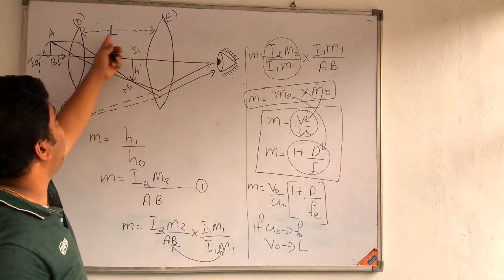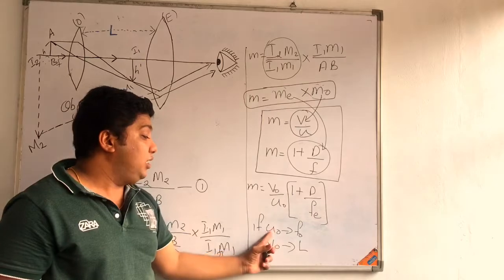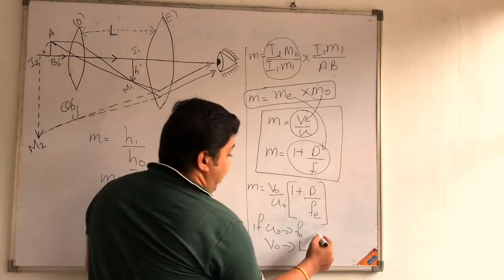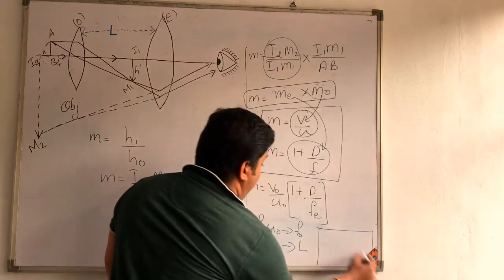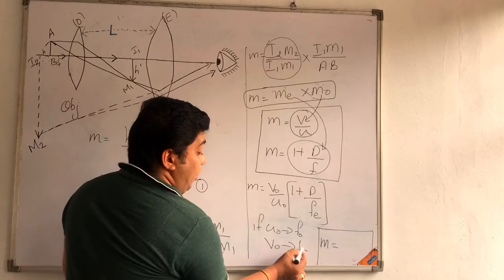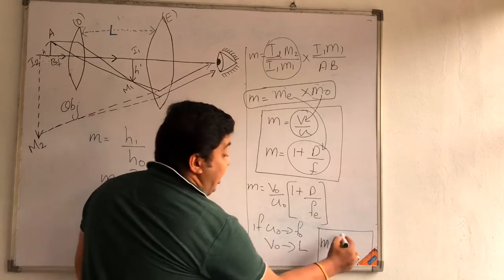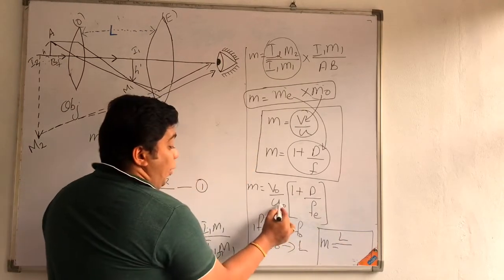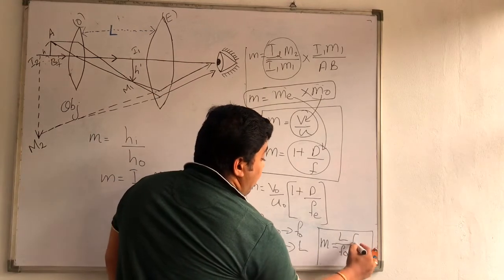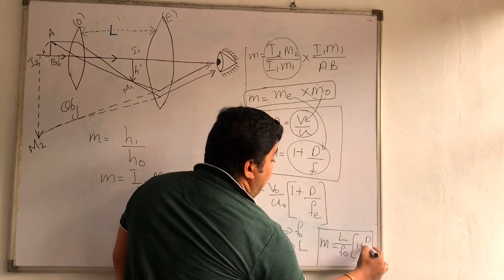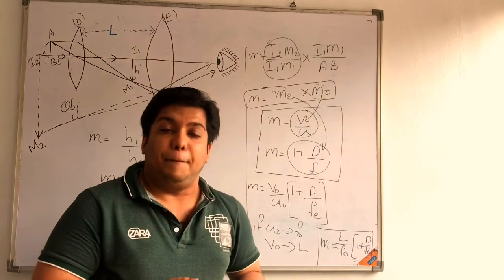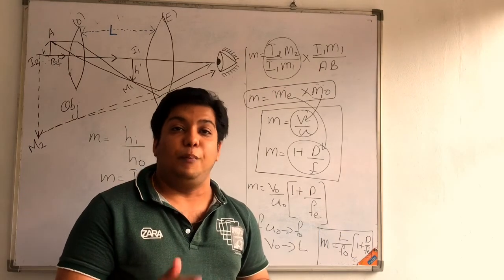Here the distance is L. So object distance is F, image distance is L. Therefore, we can rewrite this equation. This will be the final equation. M is equal to V objective, and instead of V objective we can write L, by U objective, and instead of U objective we can write F objective, into 1 plus D by FE. This is the final expression for the magnification produced by a compound microscope.